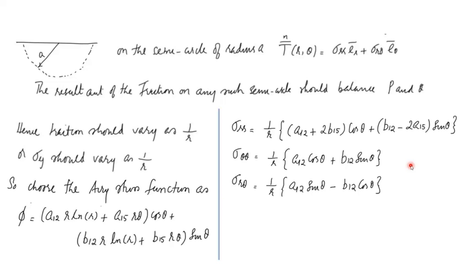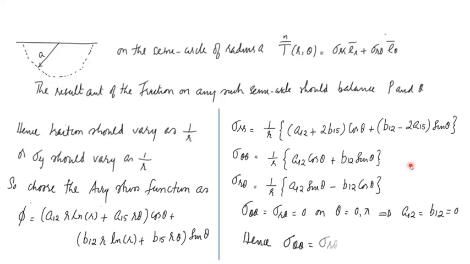Now you use the boundary condition that sigma theta theta and sigma r theta are 0 on theta equal to 0 and pi. Then you will see that the two constants a12 and b12 vanish, or the stress components sigma theta theta and sigma r theta are identically 0 everywhere in the domain.